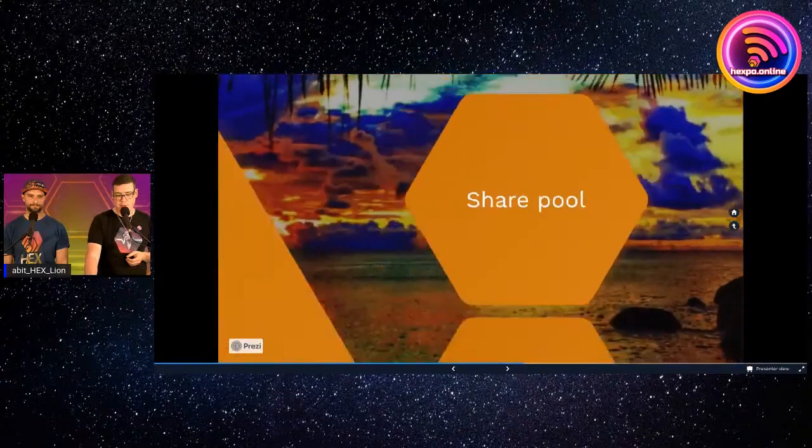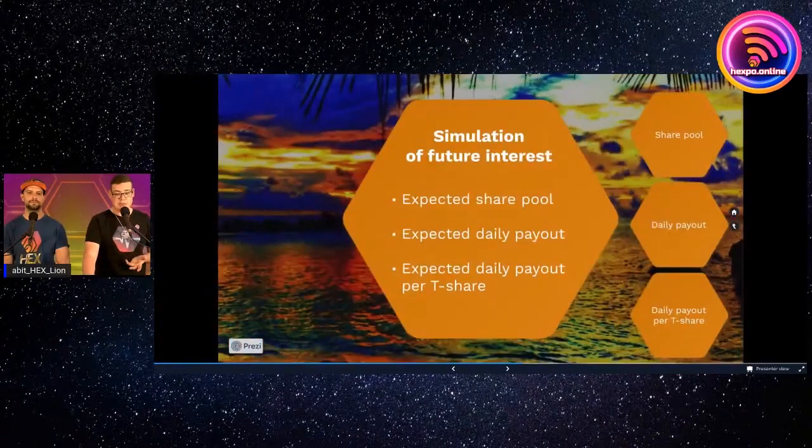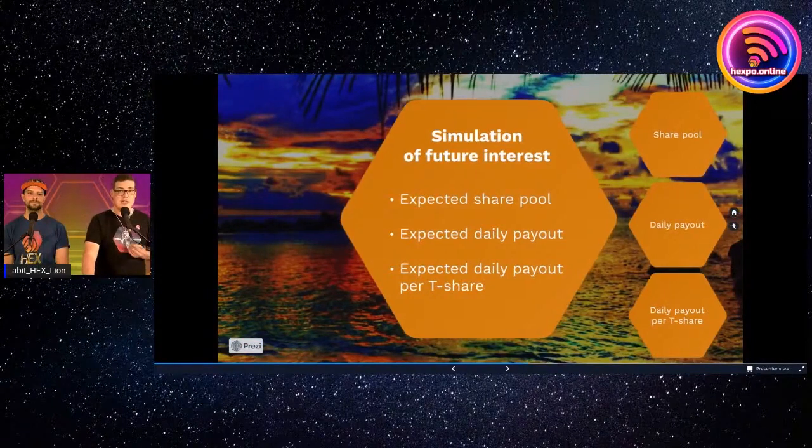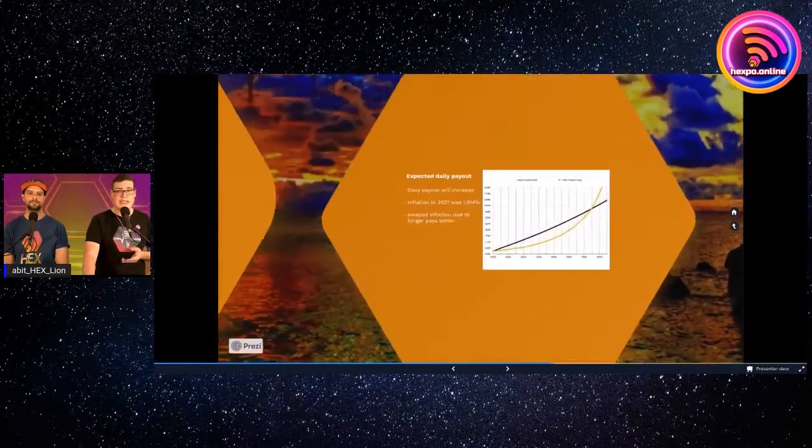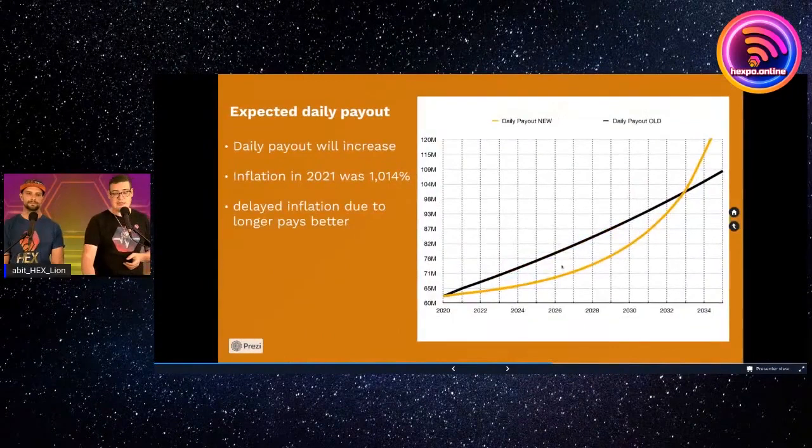So now let's have a look at the second thing we needed to assume, the expected daily payout. And here something really interesting happened, because last year, as you can see here in this black line, we just assumed that the daily payout total will increase by 3.69% year over year over the next 15 years, because we didn't have a data point of real inflation, because the year 2020 was mostly from the launch phase.